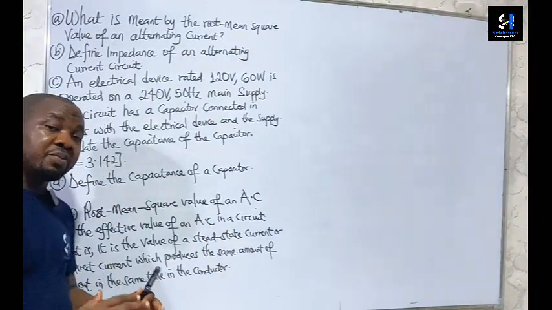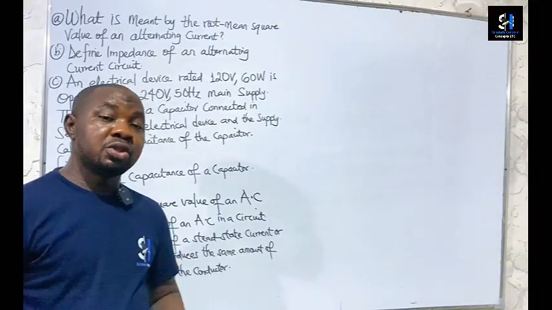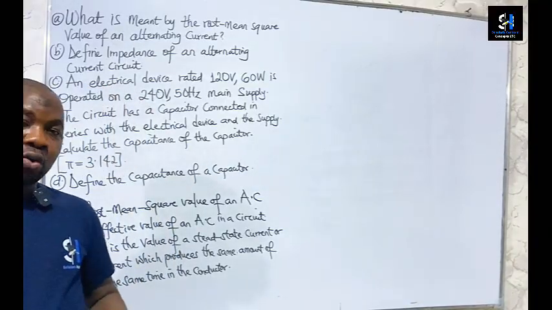So this is one of the many ways to define root mean squared value of an alternating current.